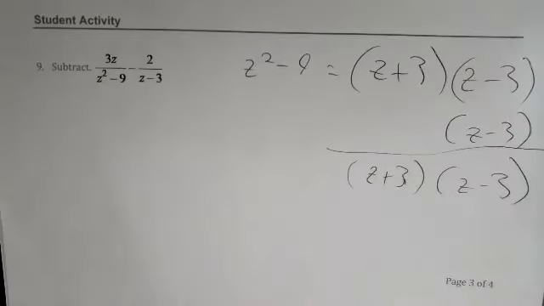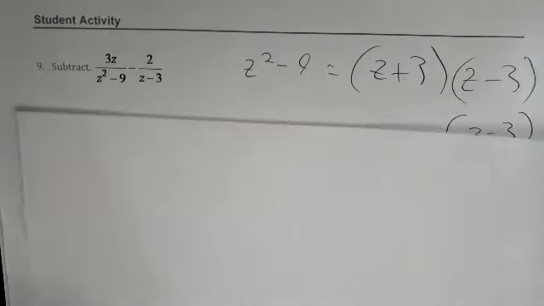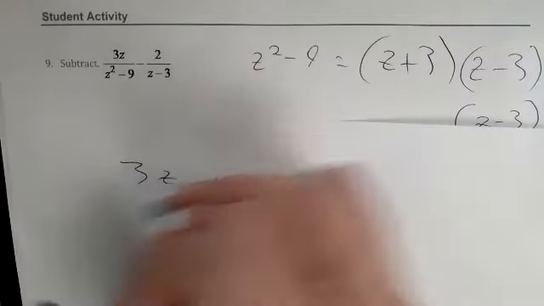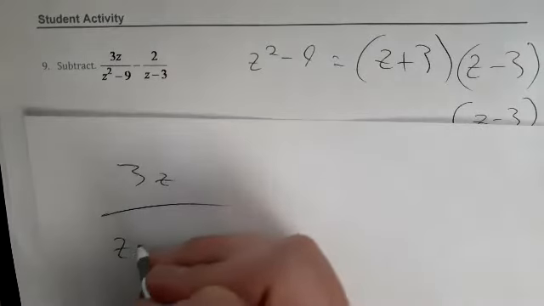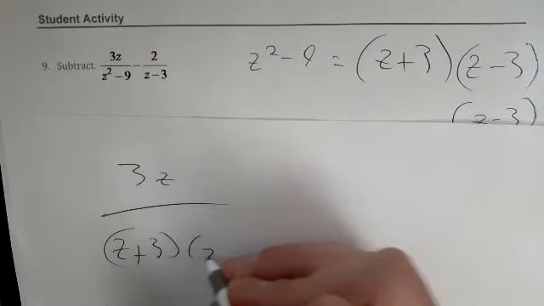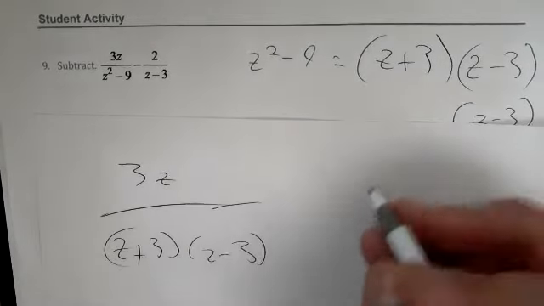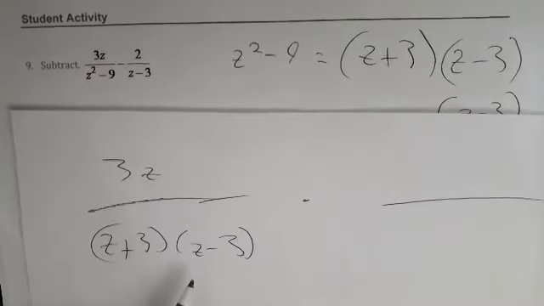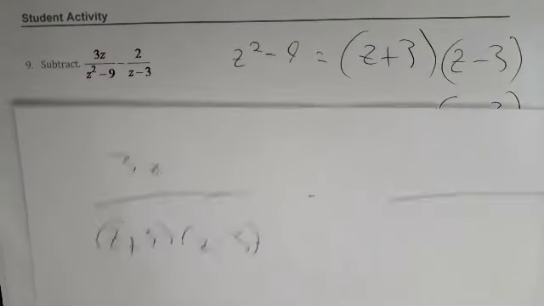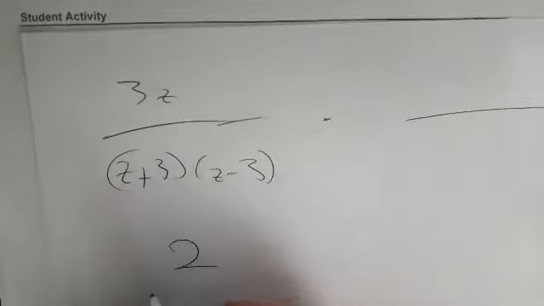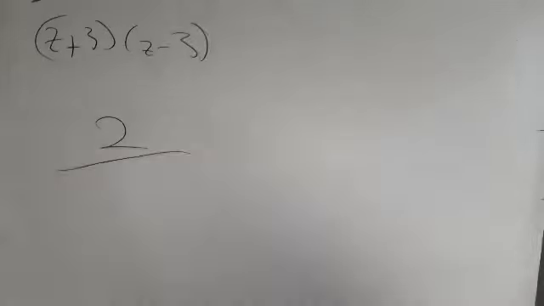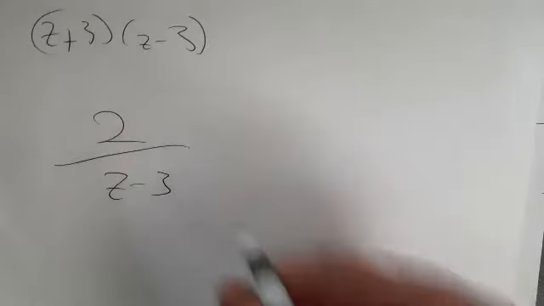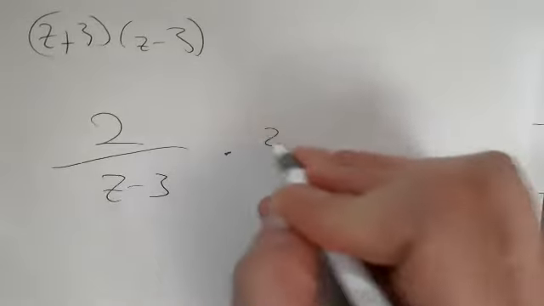This is my least common multiple. 3z over z squared minus 9 looks like z plus 3. It's already in my common denominator. I don't need to do anything to this. The other thing looks like 2 over z minus 3. What is this thing missing? It's missing the z plus 3.